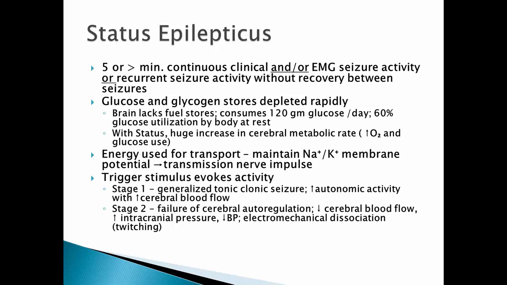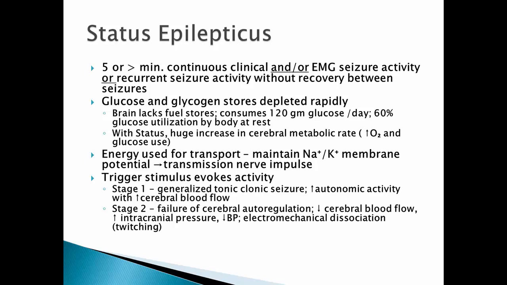So what's really scary about status epilepticus in the treatment environment, again, this can happen in children as well as adults, is when someone comes in with a generalized ongoing tonic-clonic seizure, we give them Ativan or we give them Dilantin.